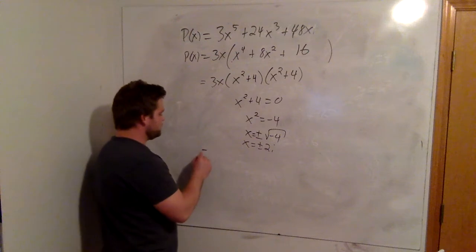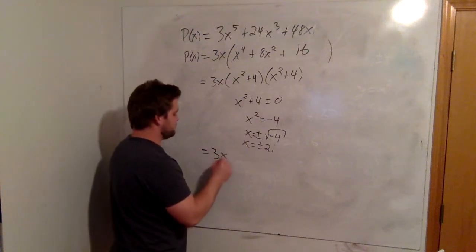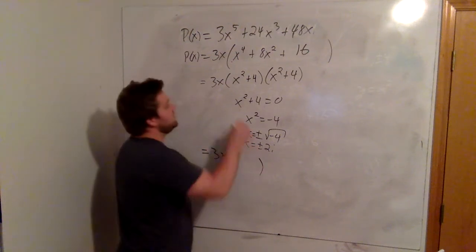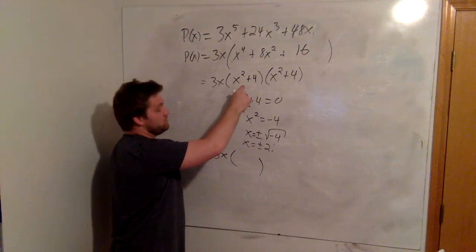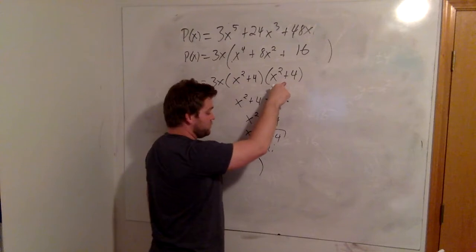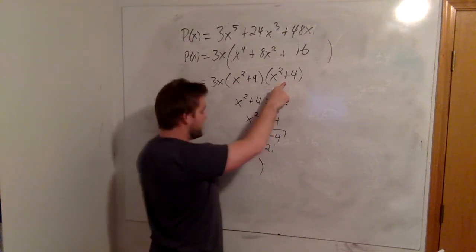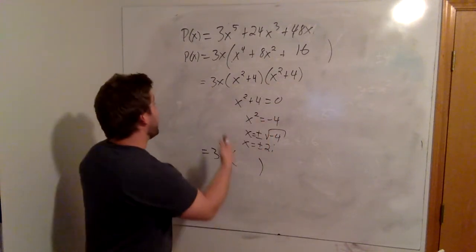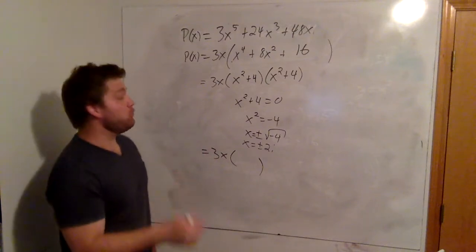Okay, so this polynomial is going to factor to 3x times, well, each of these has a root of 2i and negative 2i. This is the same thing. It will also have a root of 2i and negative 2i. So I do have 5 zeros if I count multiplicity.